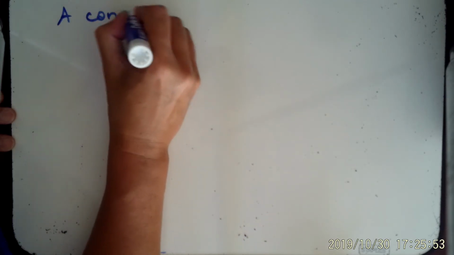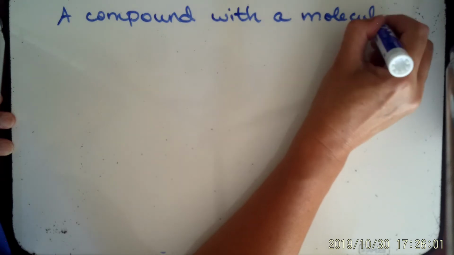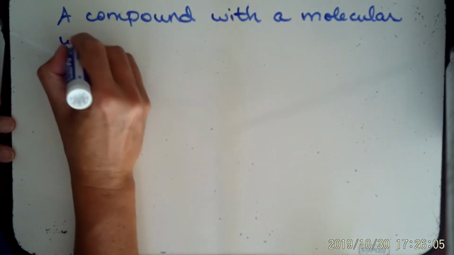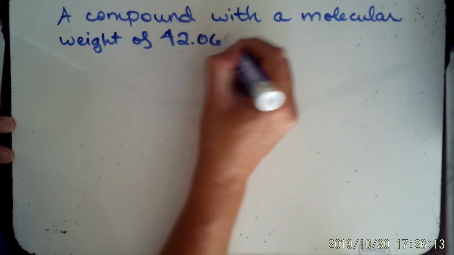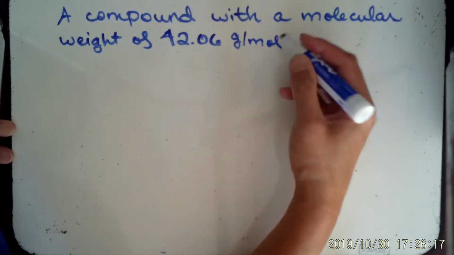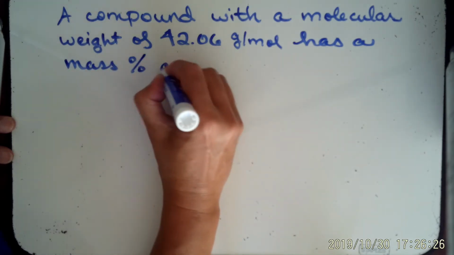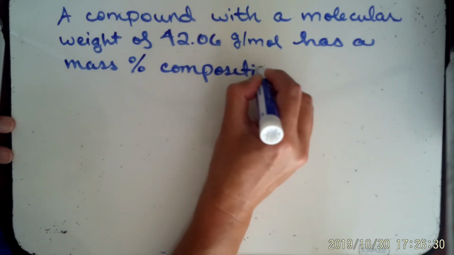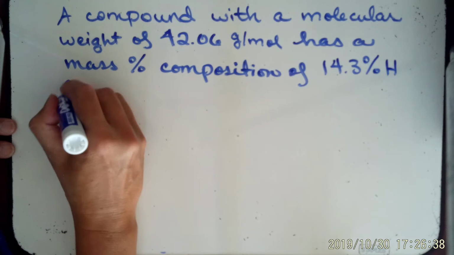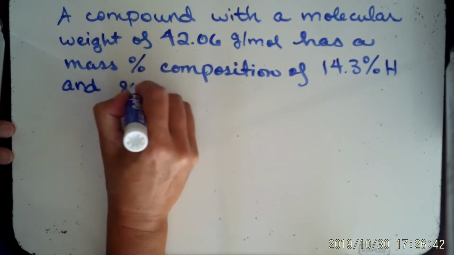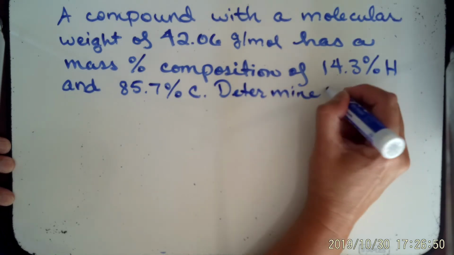A compound with a molecular weight of, let's say, 42.06 grams per mole, has a mass percent composition of 14.3% hydrogen and 85.7% carbon. Determine the molecular formula.